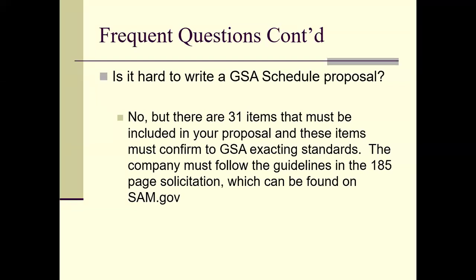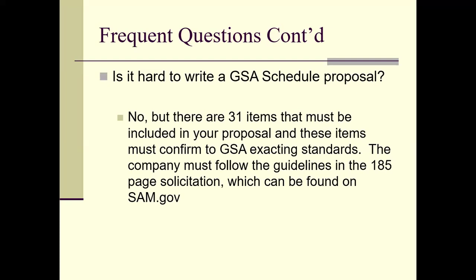From that standpoint, if you're interested in getting a schedule, it behooves you to figure out what it is that they want, what they're going to focus on, and how you're going to be able to do that.